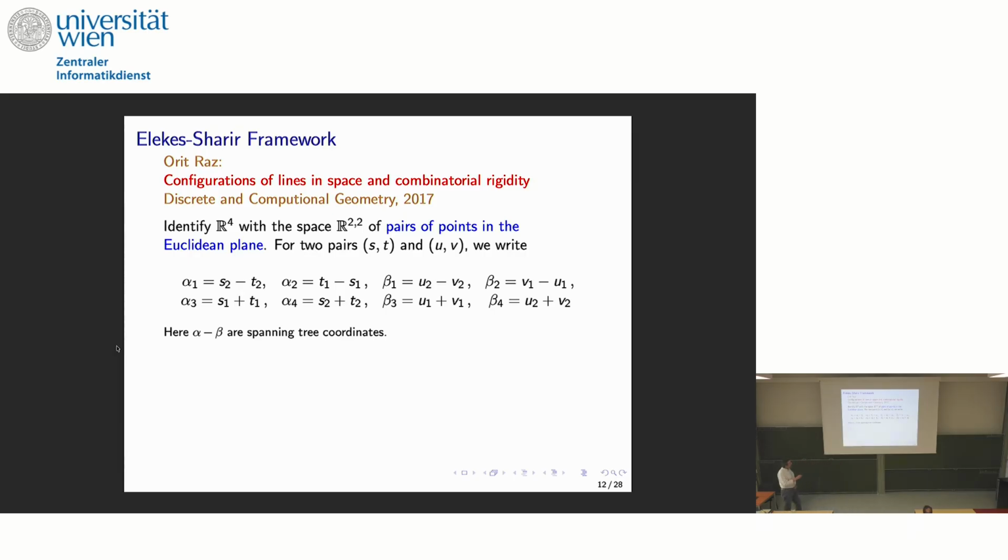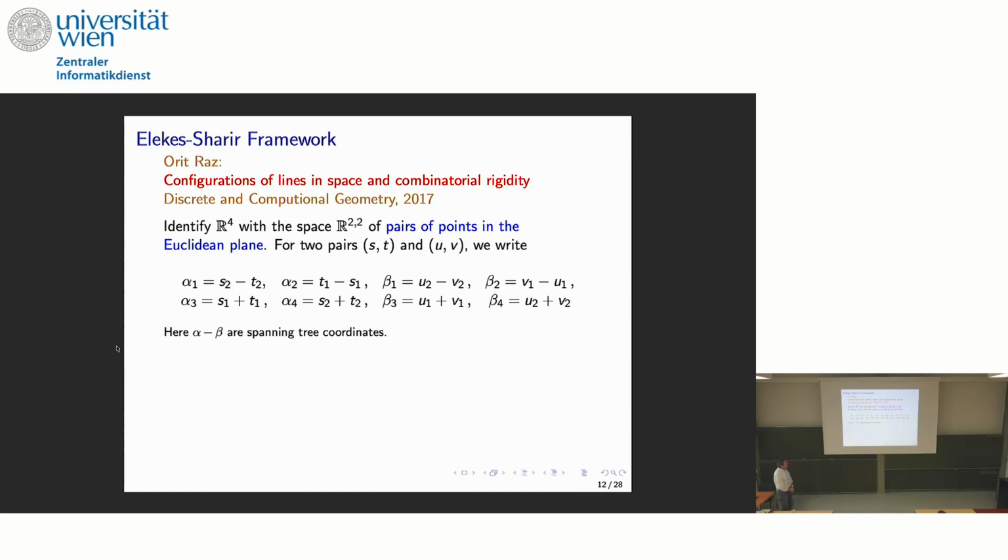Such a pair might be (S,T). So when I write (S,T), that means I have a point S in the plane with coordinates S1 and S2, and a second point, T, with coordinates T1 and T2. If I have 2 elements in here, I could call them (S,T) and (U,V).